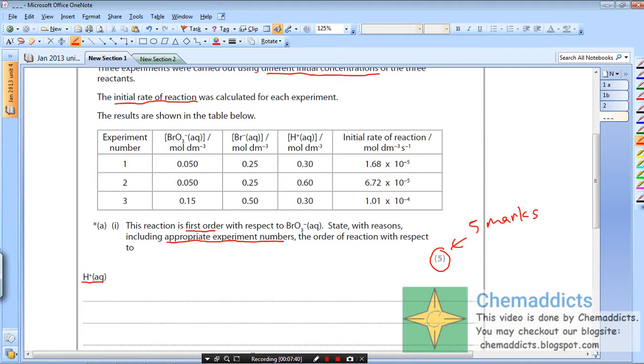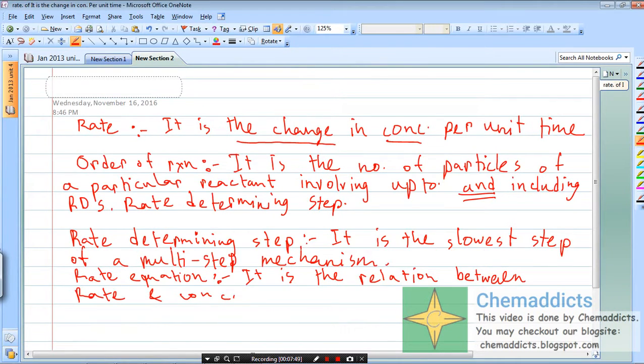So in here we need to build the rate equation for this particular reaction. Let me write it for a while.